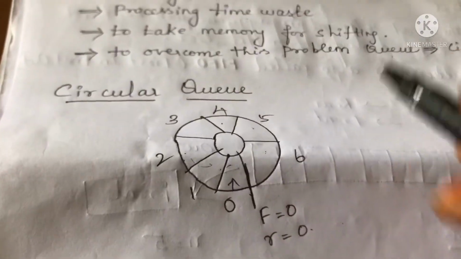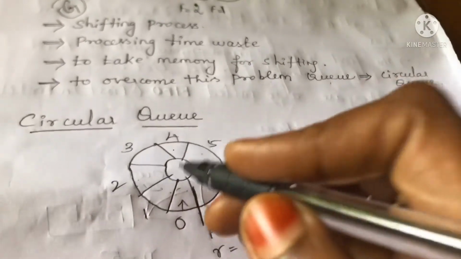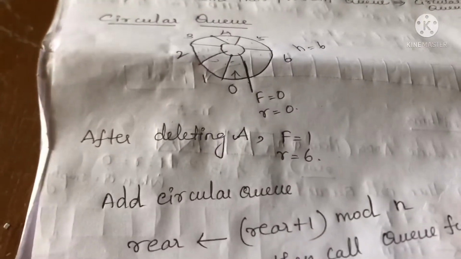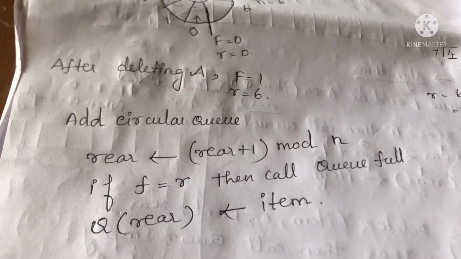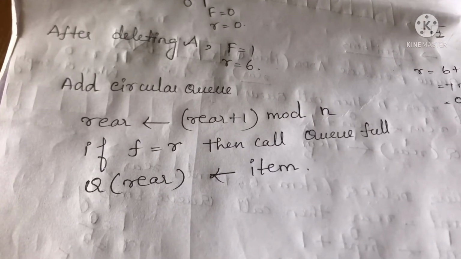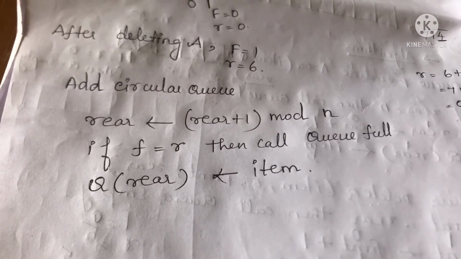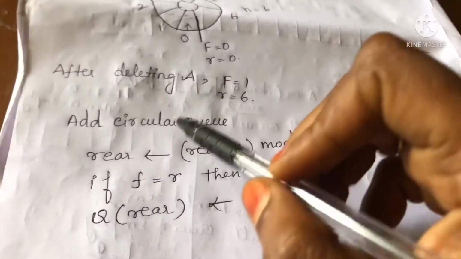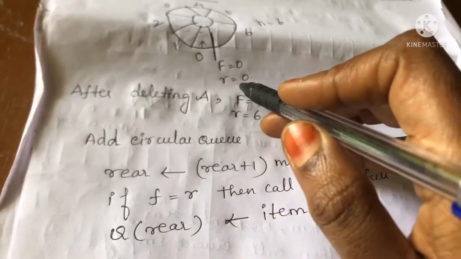Circular Q means what? Here the same method applies, that is n equal to 7. I am going to add items one by one. This is the procedure to add an element to the circular queue. Now rear is pointing to value 0.